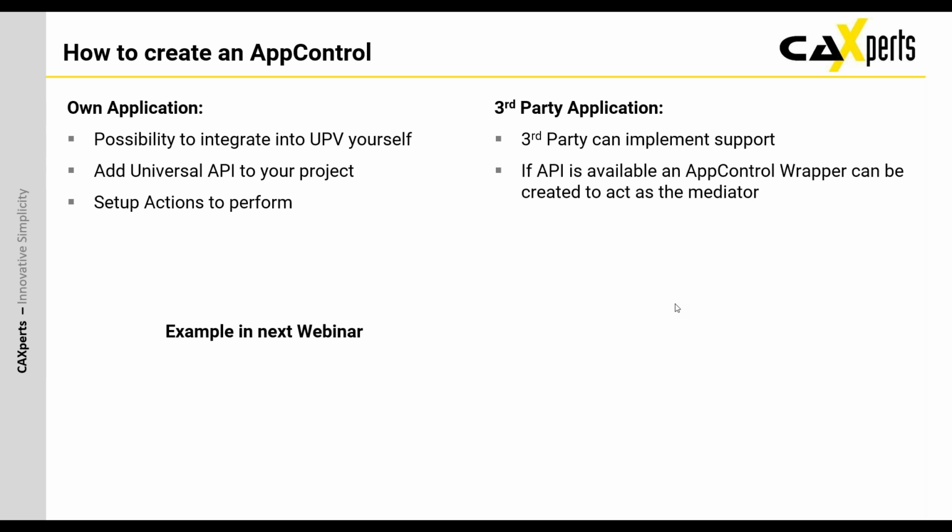And in these cases, if at least an API is available, we can use a wrapper application, a wrapper app control, to act as a mediator between these two applications. And of course, if the third party is interested, they can also, for example, contact us and we will help them set up the integration themselves.